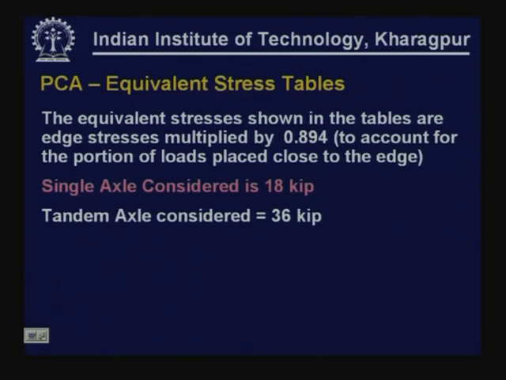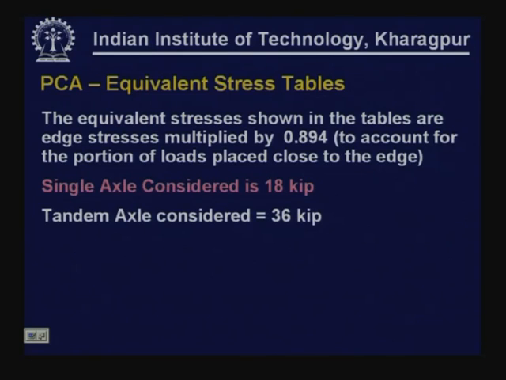The equivalent stresses shown in the tables are edge stresses multiplied by 0.894. This is to account for the portion of loads placed close to the edge. So, we are considering only those loads which are going to be placed close to the edge, and to account for that, the stresses are already multiplied by a factor of 0.894.